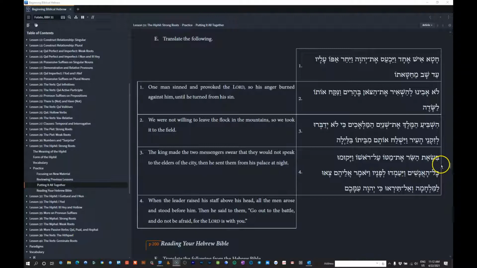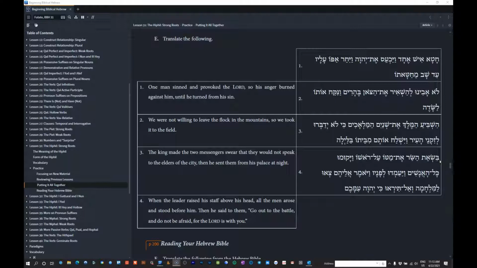We've got bis 8. So again, I'm expecting a verb here because I see a bet on the front. I'm automatically thinking in my mind that this might be some sort of infinitive with the bet preposition, because I'm thinking verb here.